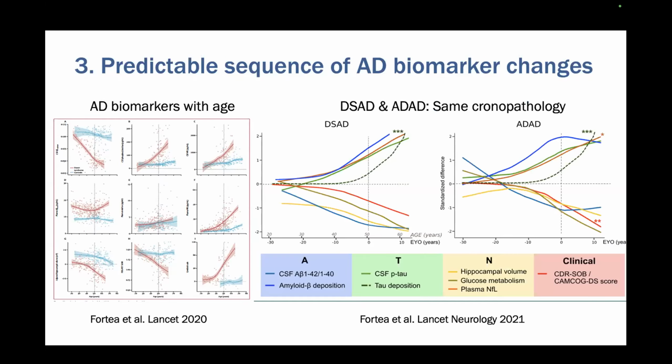If we do that and color code the biomarkers in the main categories, those in blue are amyloid, in green those referring to tau, and in yellow those of neurodegeneration.